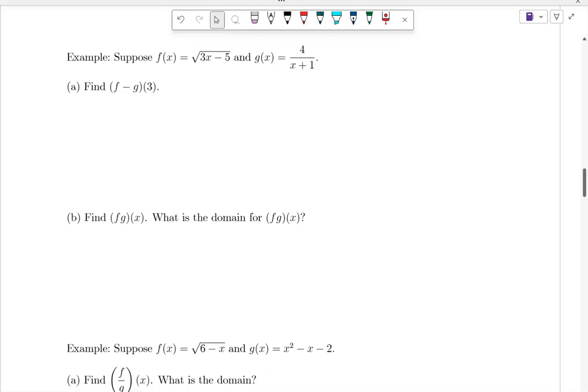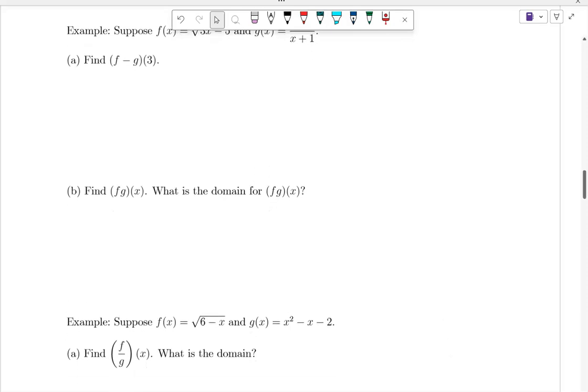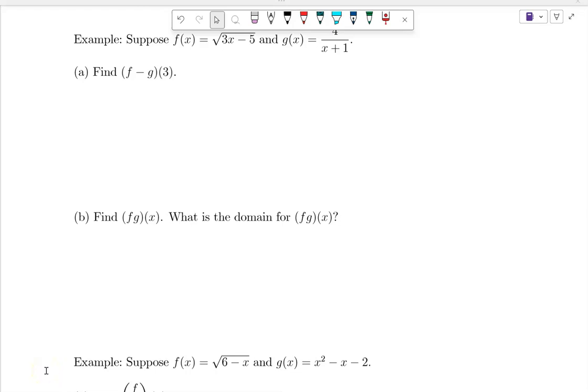Work on that next one for a minute, and then we'll chat about it. When you do f minus g of 3, what do you do? Take the root of 3x minus 5 and you input 3, so the root of 3 times 3 minus 5.